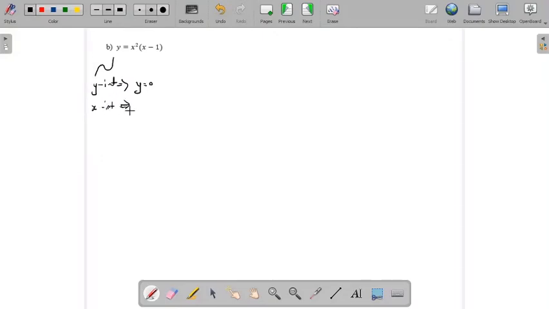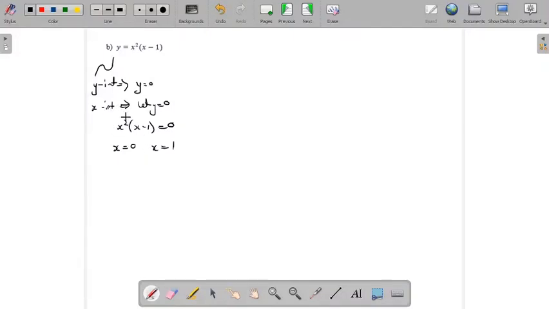Our x-intercepts, rather, when y equals 0, we'll end up with x squared times x minus 1 equals 0. Using the null factor law, we have x equaling 0 or x equaling 1. And there's only two intercepts here.